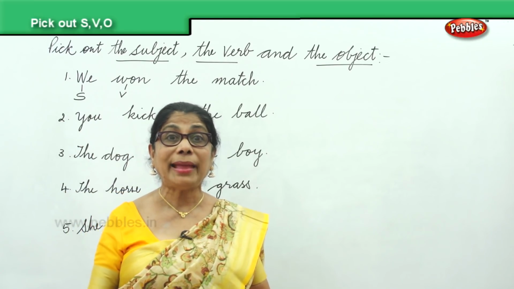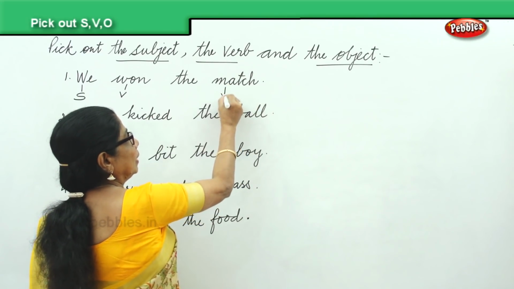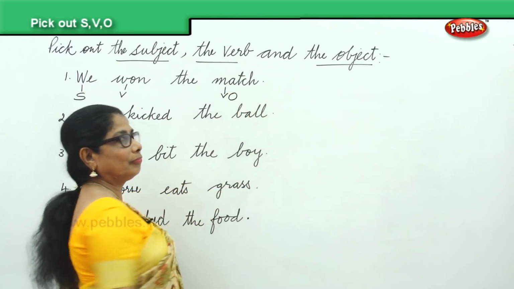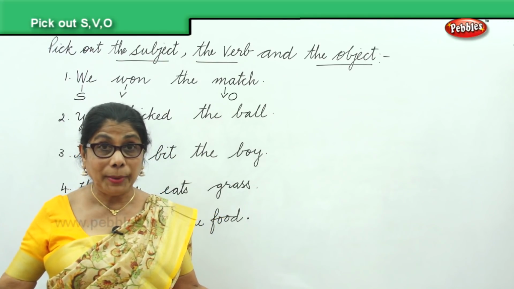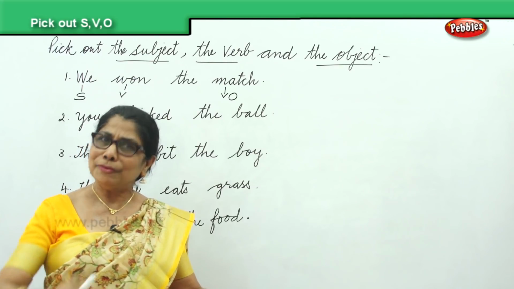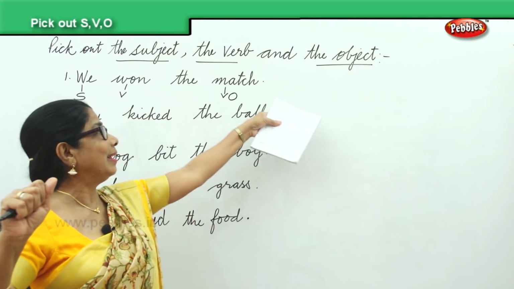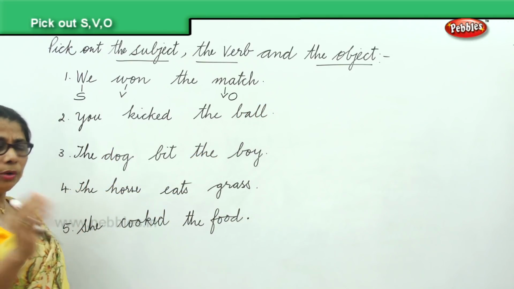We won the match. Match is the object. So we found the subject. We all played the match. Verb, won. Object, the match.